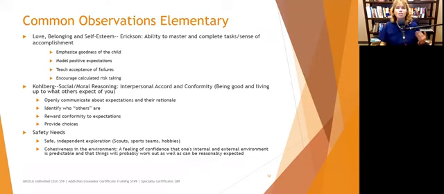You want to encourage cohesiveness in the environment, which promotes a feeling of confidence that the environment is predictable and things will probably work out as well as can be reasonably expected.